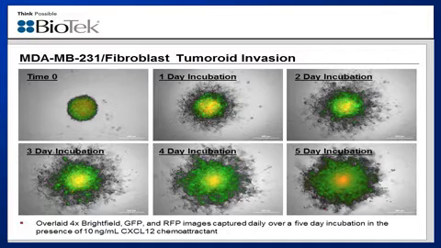Each picture is actually an overlay of individual images that were captured using brightfield, GFP, and RFP imaging channels. The brightfield image shows the state of the entire structure, including cells and invadopodia, while the GFP and RFP images display the extent of invasion of either the MDA-MB-231 breast cancer cells or fibroblasts, respectively.